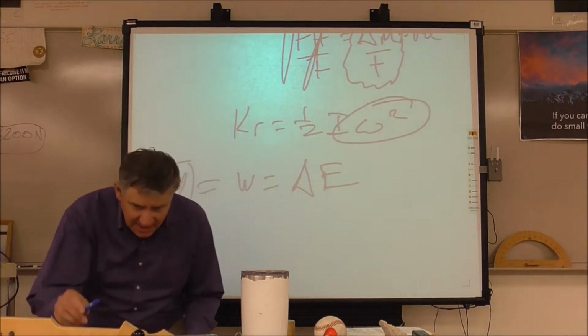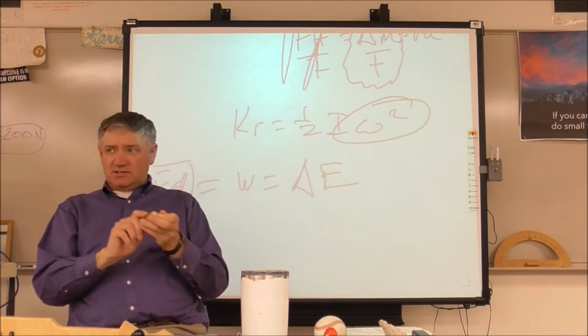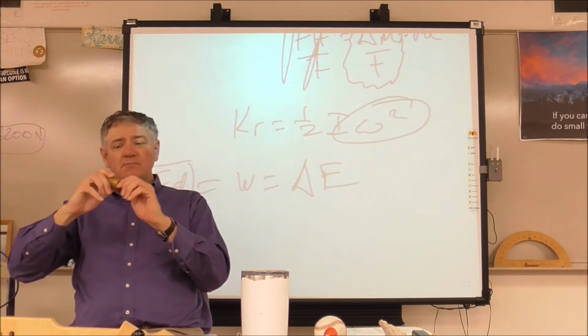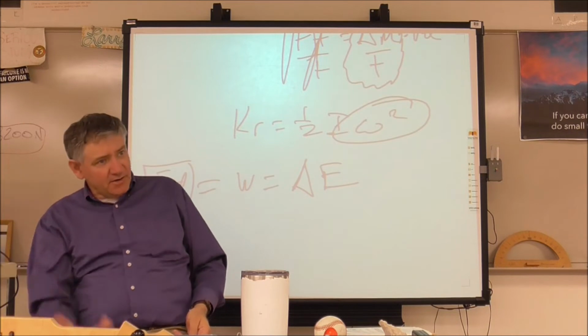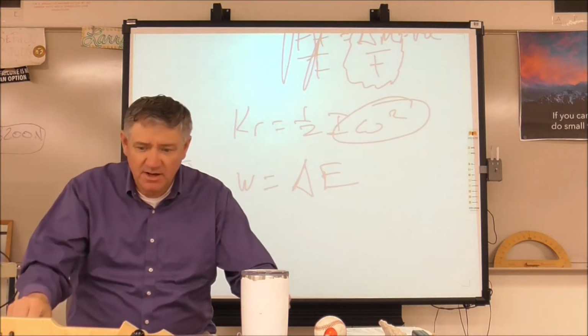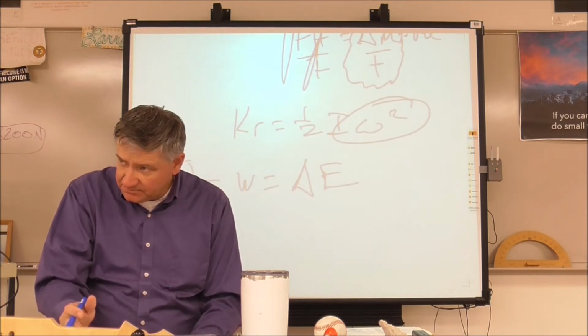The satellite doesn't have any initial rotational kinetic energy because it's just sitting there. You're going to fire the engines and make it spin, so now you're going to have rotational kinetic energy. Your initial rotational kinetic energy is 0.